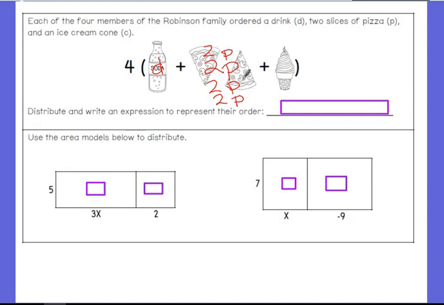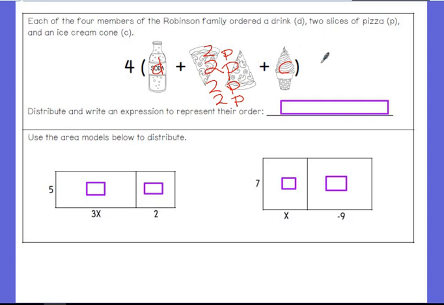But remember, mathematicians are lazy, so we didn't want to have to write these all the time, so we came up with multiplication. And then we had 1 ice cream cone, but each person got 1 ice cream cone, and 4 people of the family each got 1. So I need to distribute this 4 to see what total items I had here.